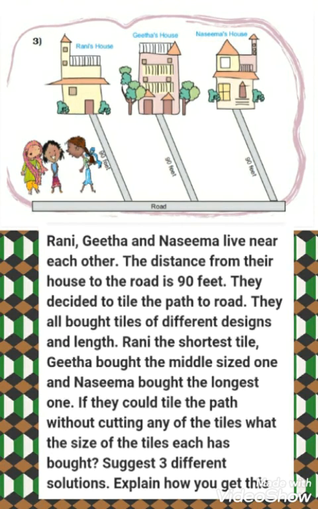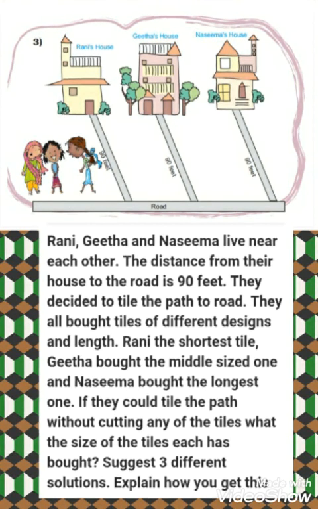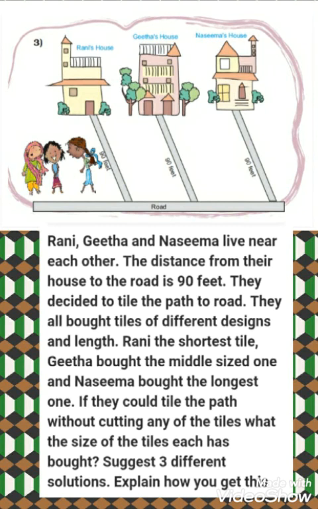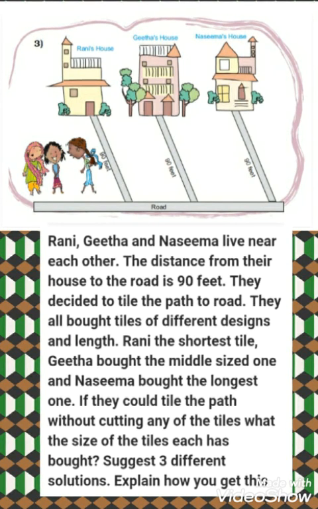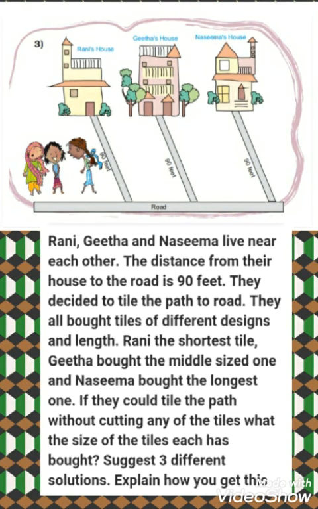Now this question you can understand by seeing the picture in the video. You can see there is a road and their houses, Rani, Geeta, Nasima, all their houses are along the road, and the path connecting the houses is 90 feet long.